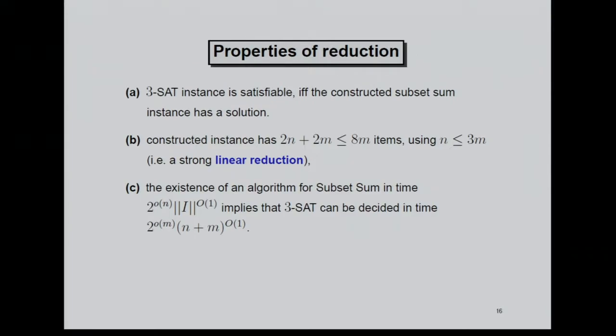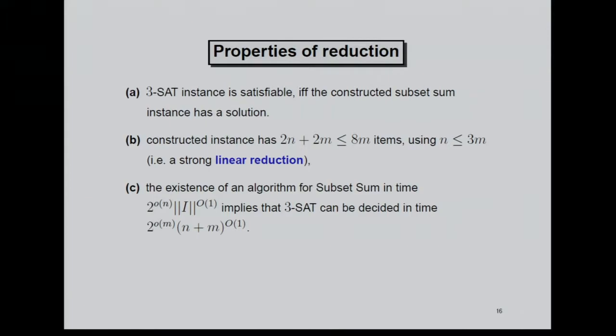Therefore, if you have an algorithm for subset sum with this running time, this automatically gives an algorithm to decide 3-SAT, and it would have the consequence that the ETH is false. So that shows you very easily that this works. And we also use that later as a basis to prove some other results.